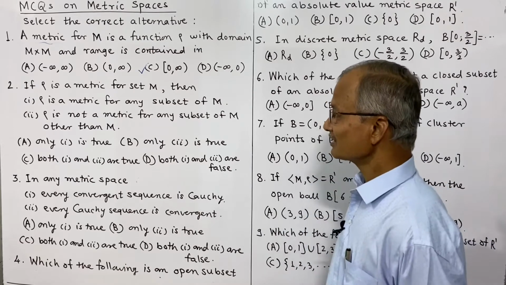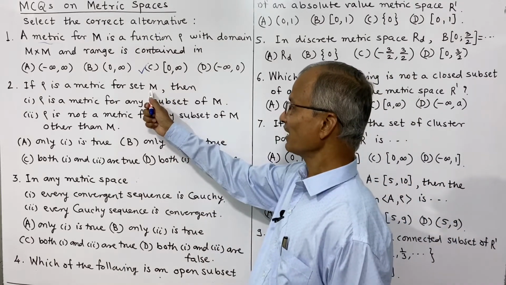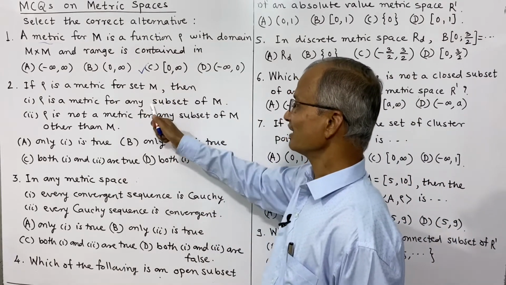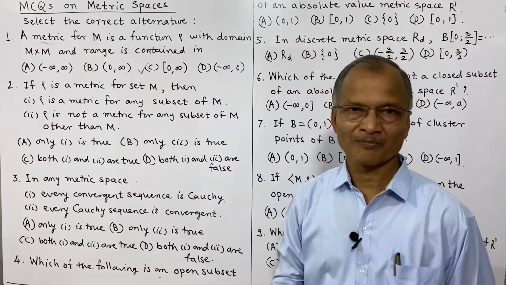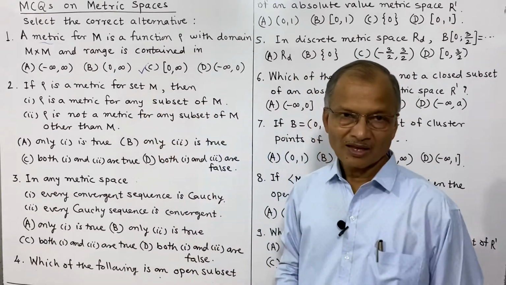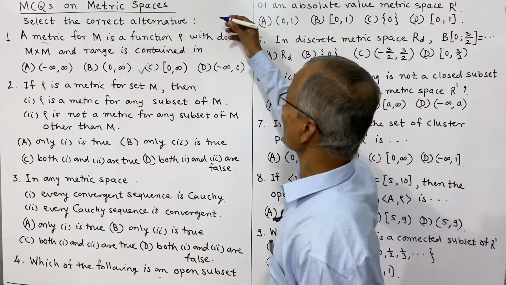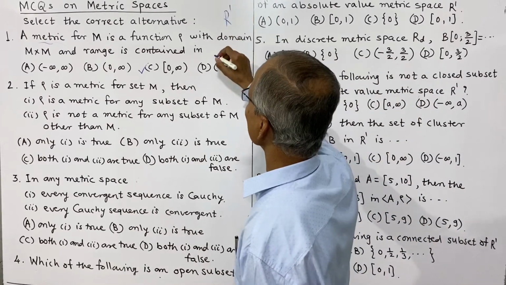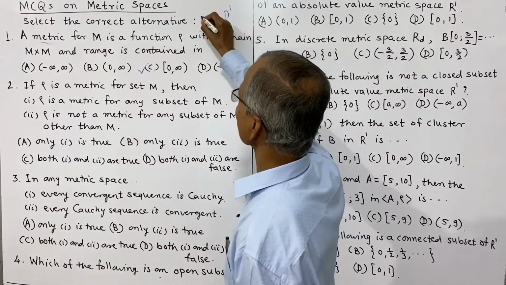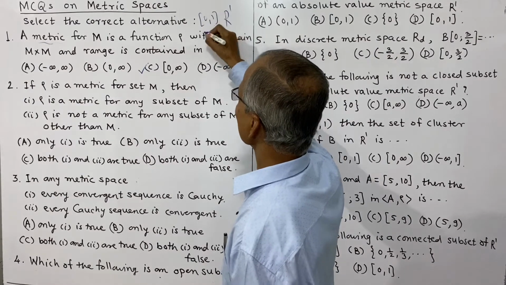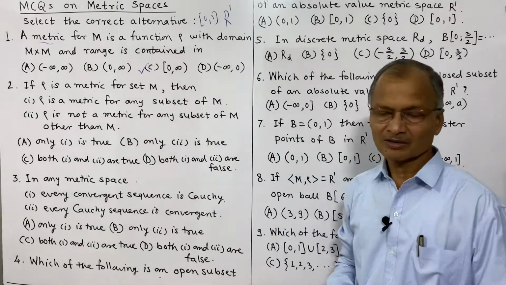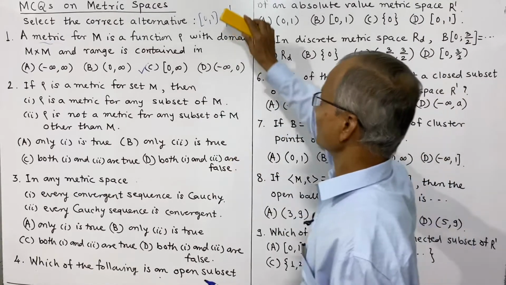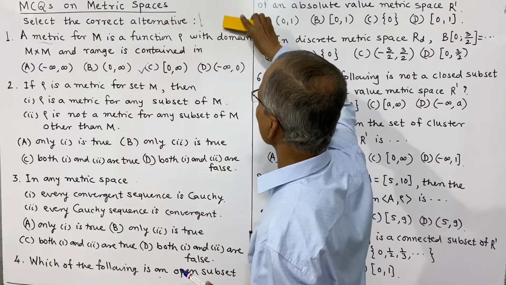Now we see that if rho is a metric for any set M, then it is a metric for any subset of M. The first is true. So if rho is a metric for R1, then it is a metric for a subset of R1, that means 0, 1. It will also be a metric for this subset, and therefore the first statement is true.